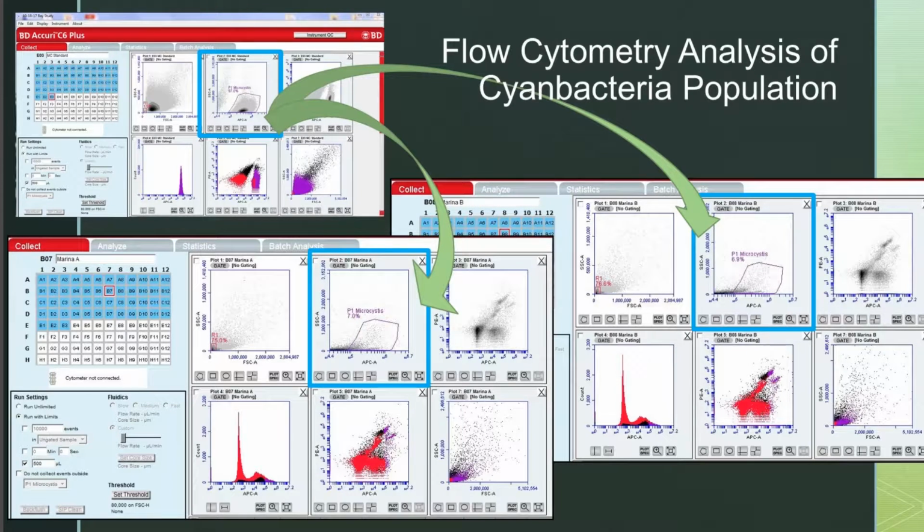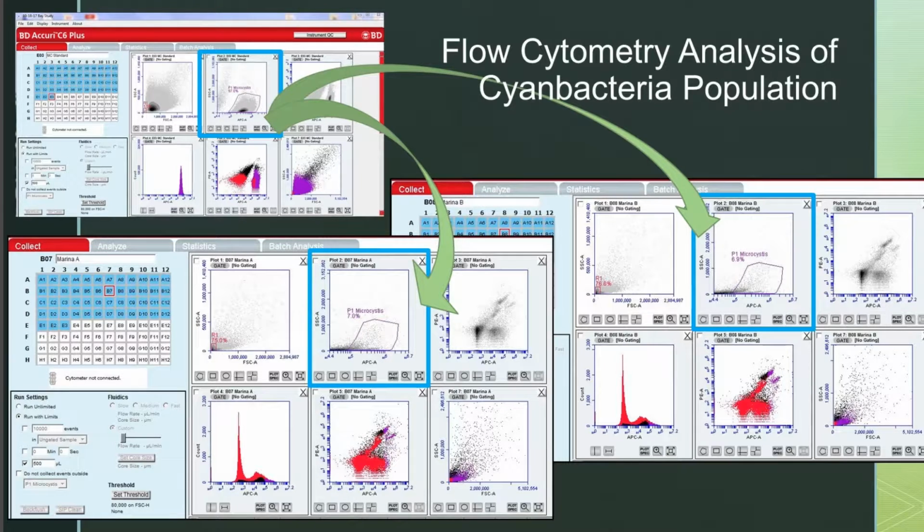You can adjust the settings here. You can change the size and the width of the needle that the cells are pulled up through the lasers by. You can also adjust the flow rate of the machine to change how fast it's pulling things through there. After I figured all of that out, I ran every sample in duplicate. And after that, I would run a standard.